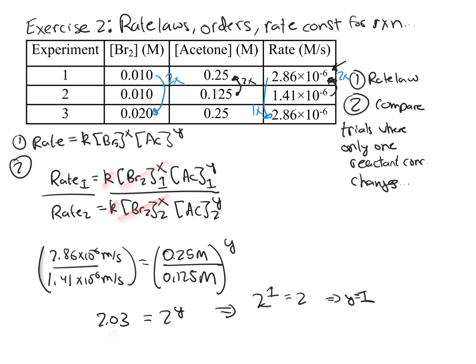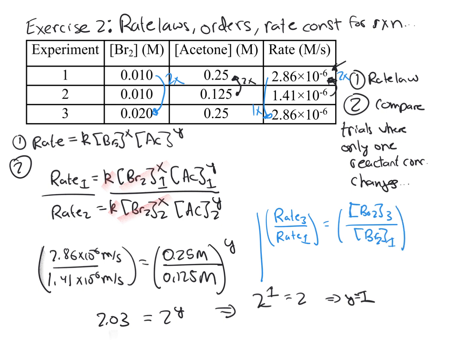I can also see that by using my rate equation. What I would get here is rate 3, and I always like to compare the bigger concentration on top, so I have comparisons that are greater than 1. That's going to be equal to the BR2 in trial 3 over the BR2 in trial 1 to some unknown power x. When I plug in, since the rates are the same, when I divide them, that is exactly 1.